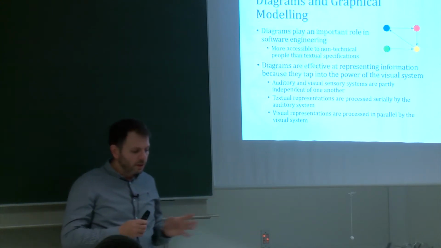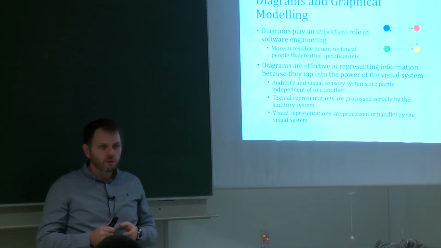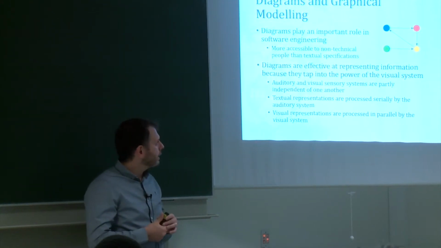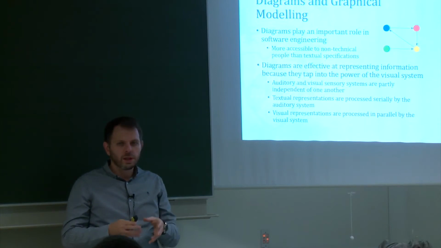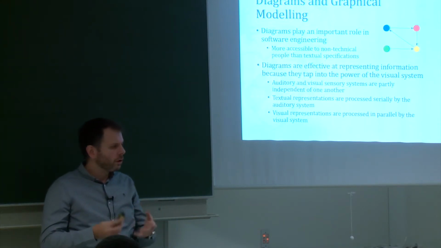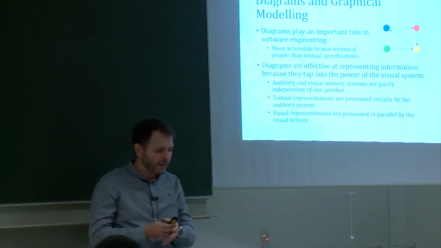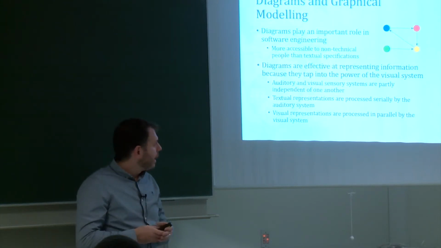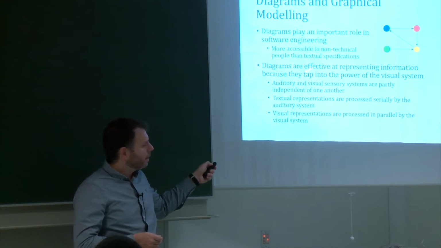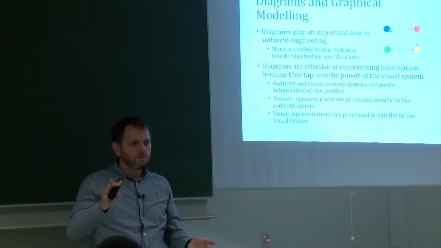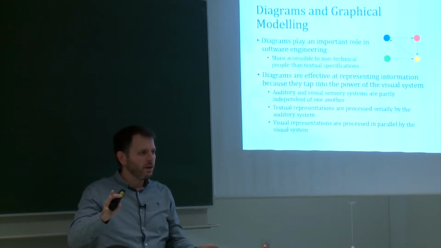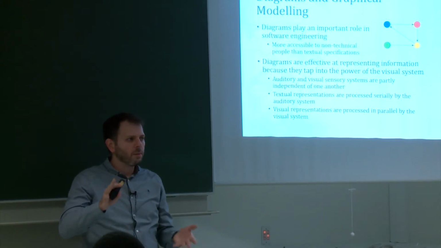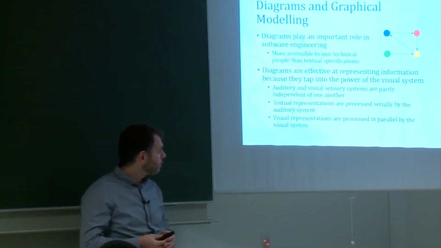So this is where diagrams play a very important role because they're quite intuitive to understand by people who are not familiar with the intimate details of what we're representing, and who would be lost if we were just to show them Java or any other kind of text-based programming or modeling language.